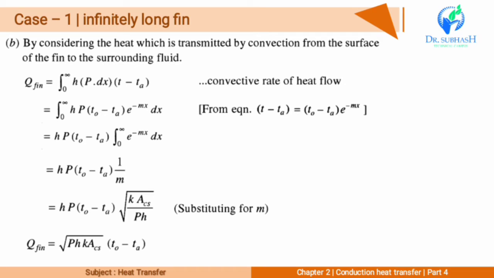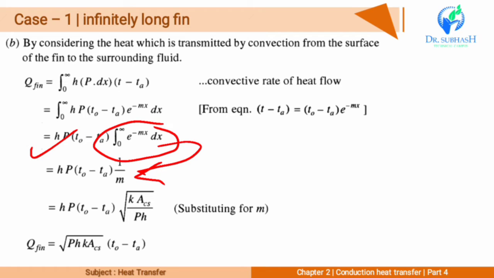Putting T minus Ta equal to (T0 minus Ta) e^(-mx), we get h P (T0 minus Ta) times the integral from 0 to infinity of e^(-mx) dx. After applying the upper and lower limits, the integral of e^(-mx) dx from 0 to infinity is equal to 1 upon m.